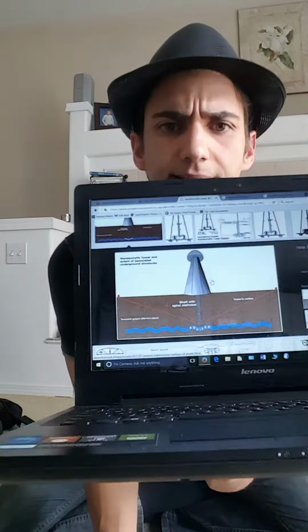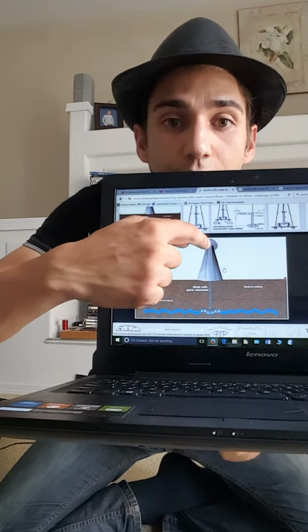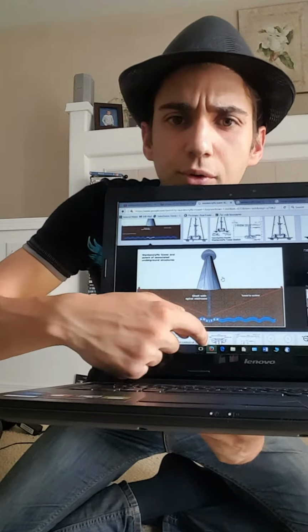Now, if you look at what's happening in a Wardenclyffe tower, you can see that you have the grounding plate, right, goes straight through, and then it hits water, and then the water carries the charge across the planet, because mineralized water, again, is a liquid crystal superconductor. So that's how he was able to take energy.